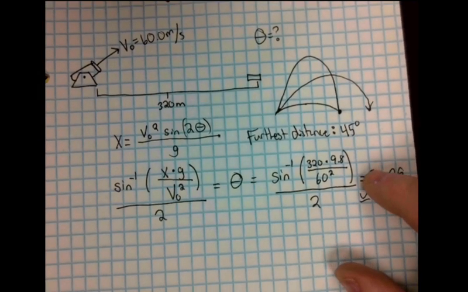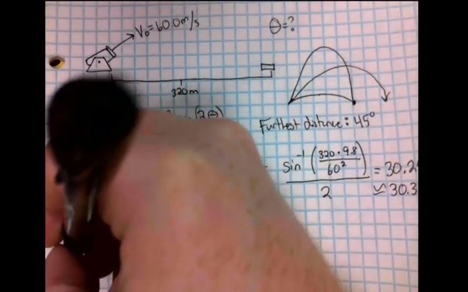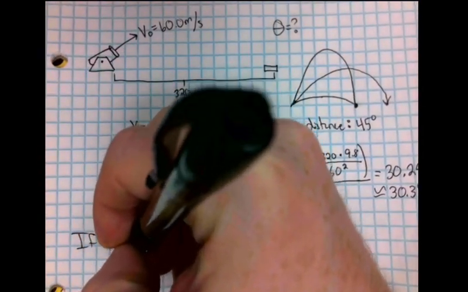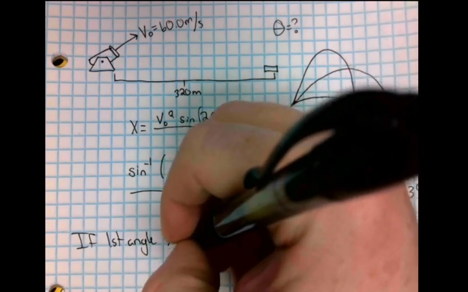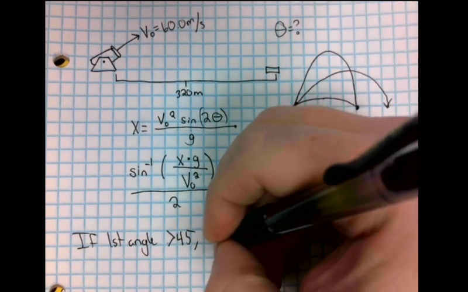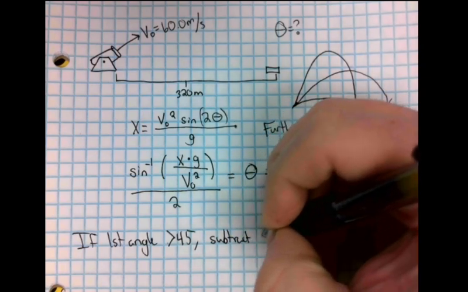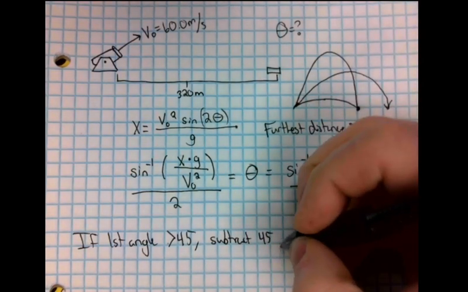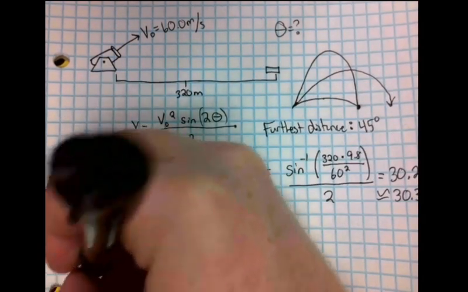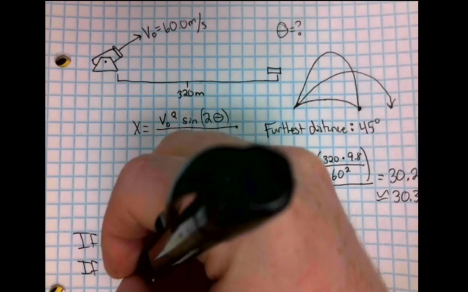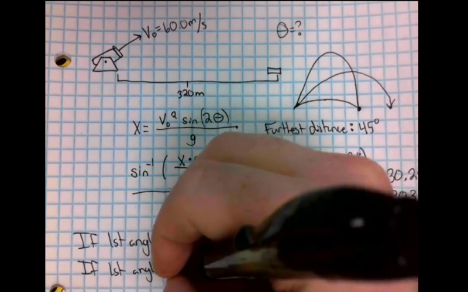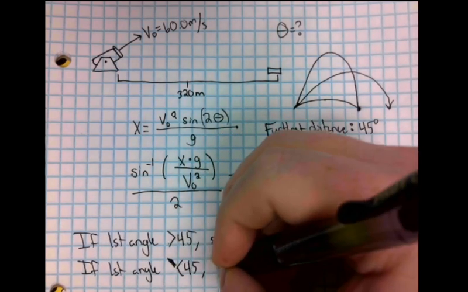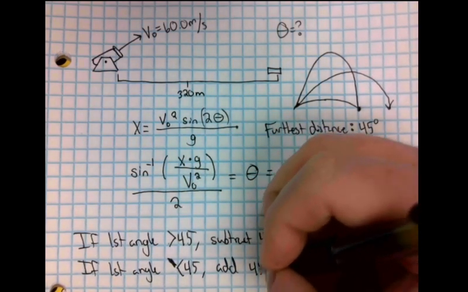So if the first angle is greater than 45, just subtract 45. If the first angle is less than 45, you just add 45 to it.